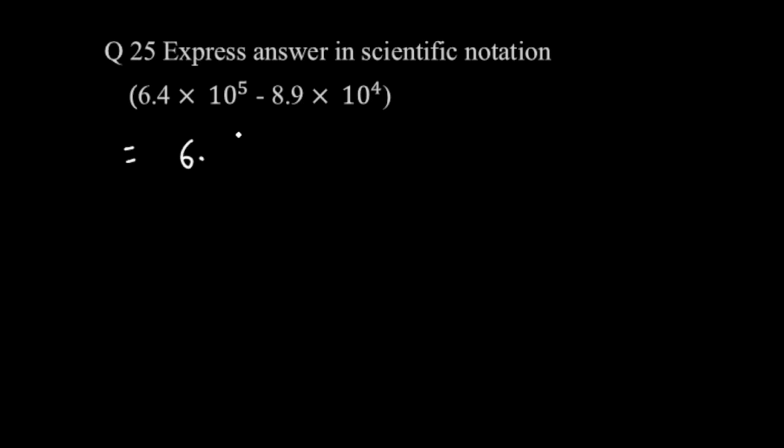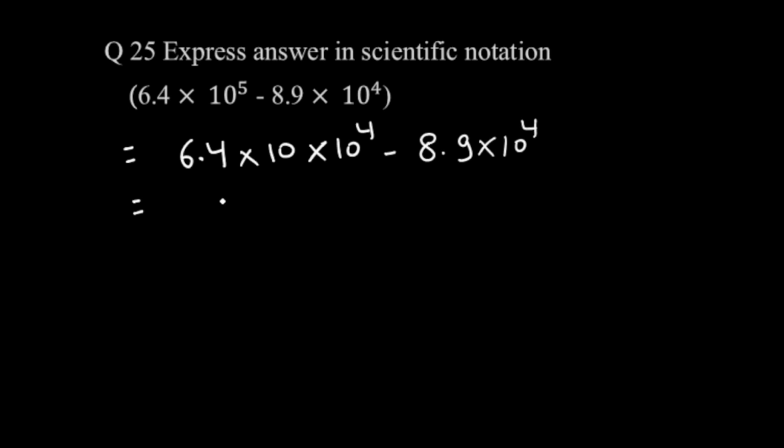Try to make 10 to the power 4 as a common power. 6.4 multiply 10, 64 multiply 10 to the power 4 minus 8.9 multiply 10 to the power 4.